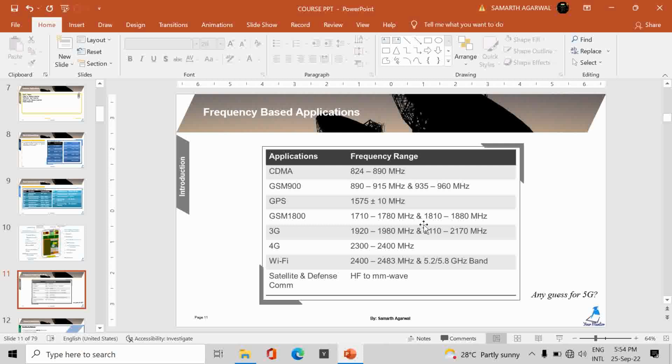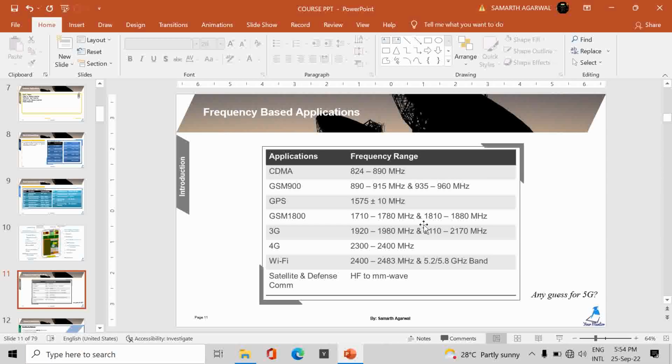So it is not necessary that it will lie in your specified range only. There is a very high probability that it will go beyond your frequency limit. So that's why sometimes a frequency gap should be there between two applications.